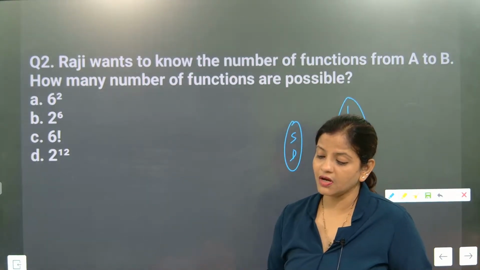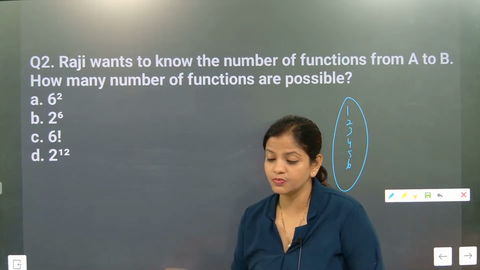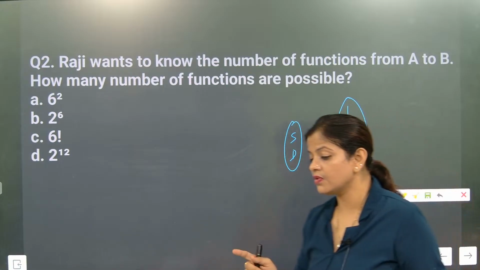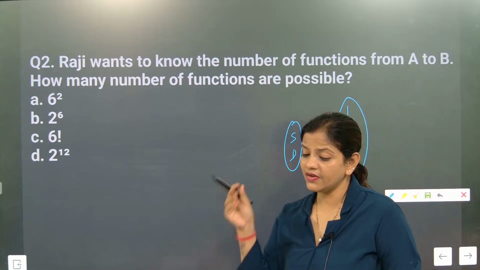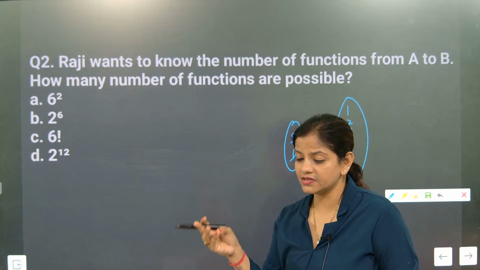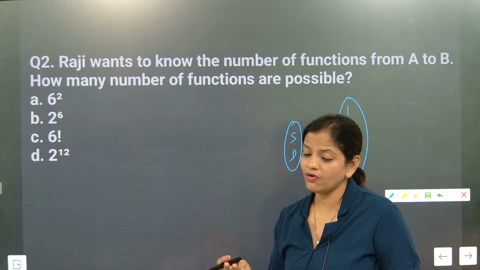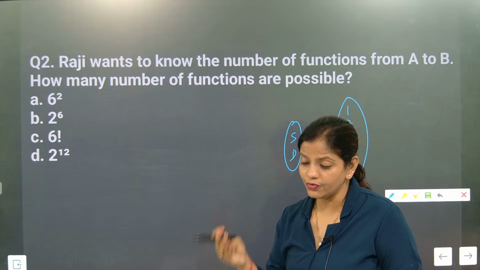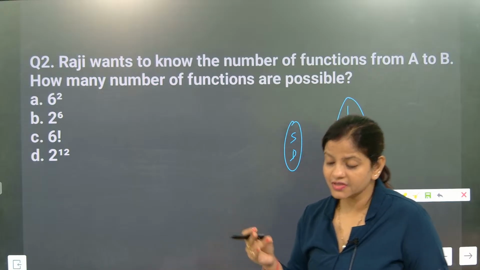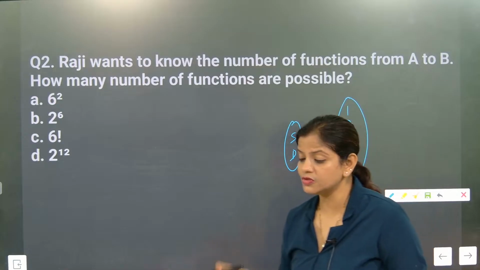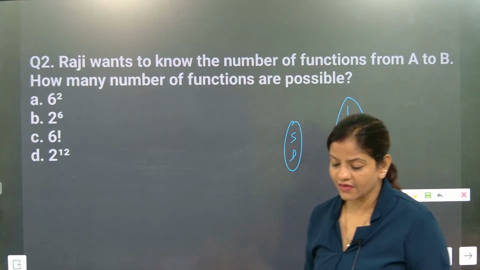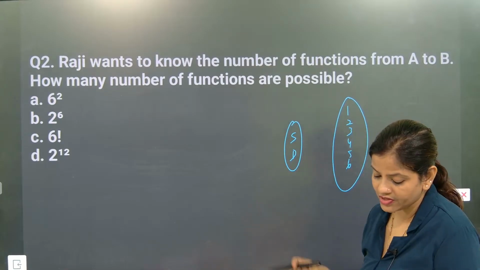There is a formula for the number of functions possible. This is a very critical question in case study 1. I gave you the formula for finding reflexive, symmetric, and the number of onto functions. Now here in the second question, how many functions are possible?